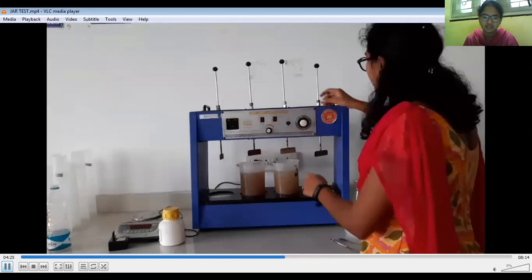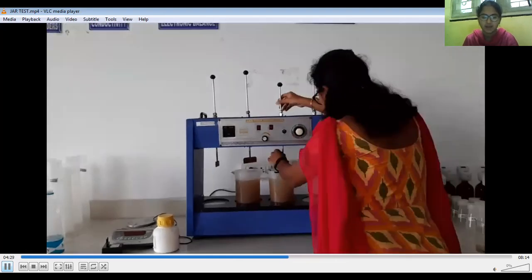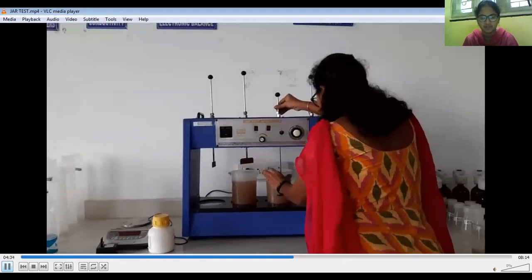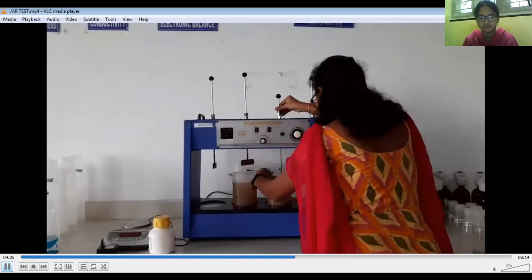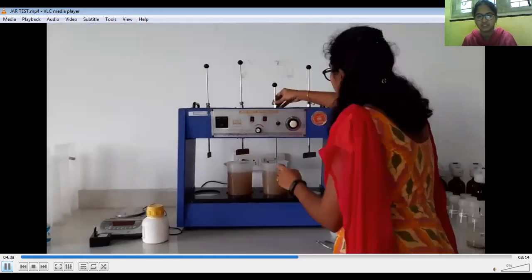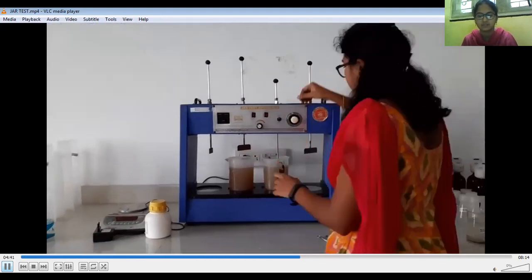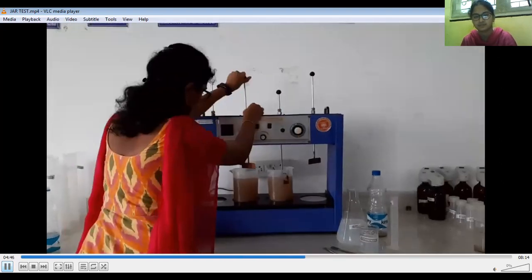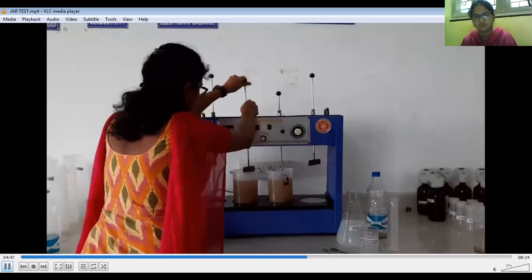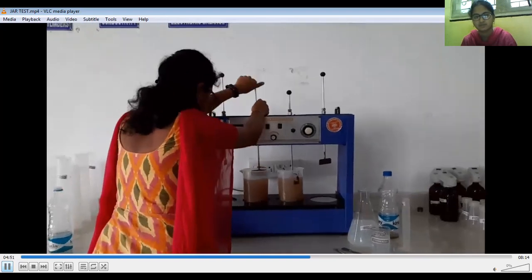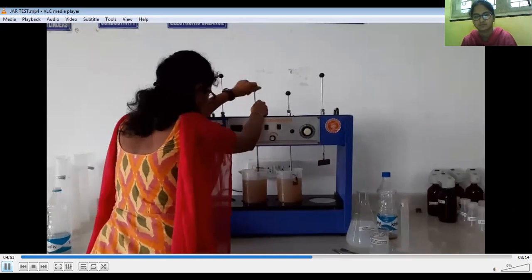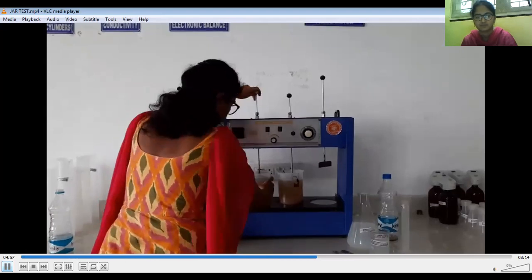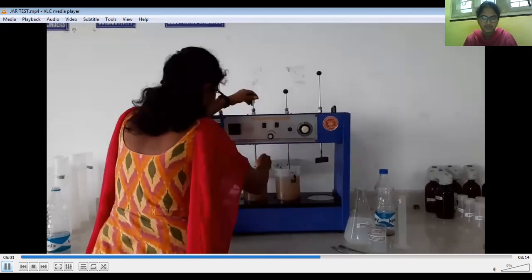Place the beakers on the platform of the jar test apparatus. Now we will load the paddles and lock them in position.